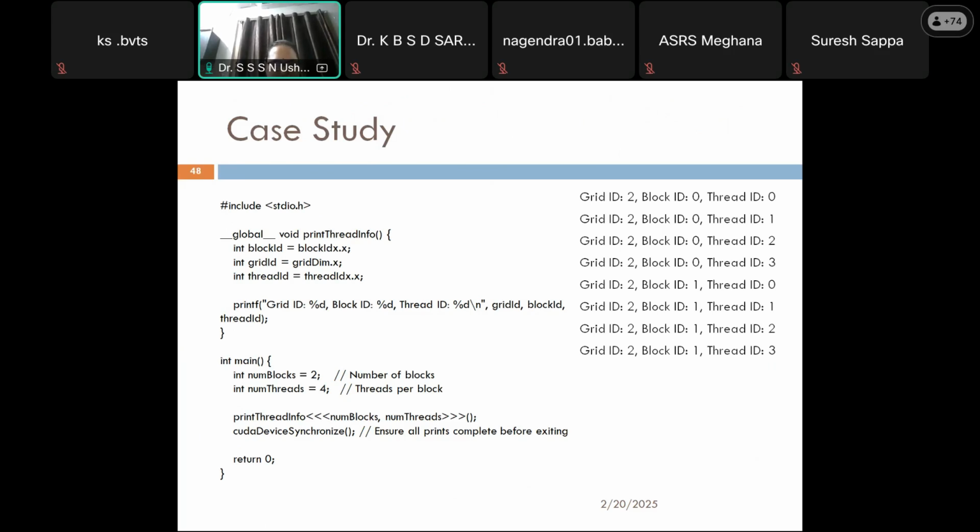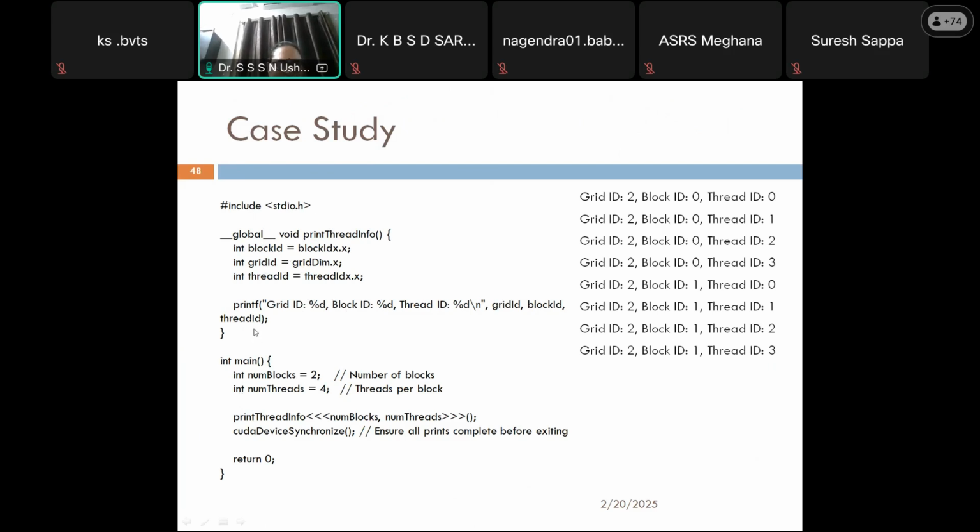This is the structure of the program: __global__ void printThreadInfo. That's a method name; it's a C program and it consists of a main function also. This is GPU device code that can be run in parallel. Whenever I say __global__, that means it is a kernel section.